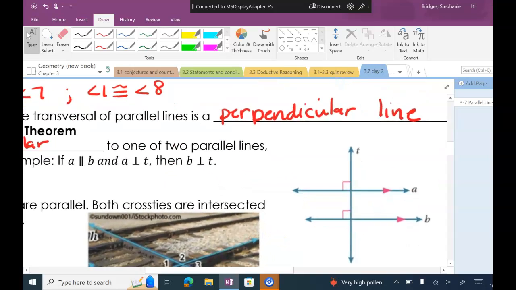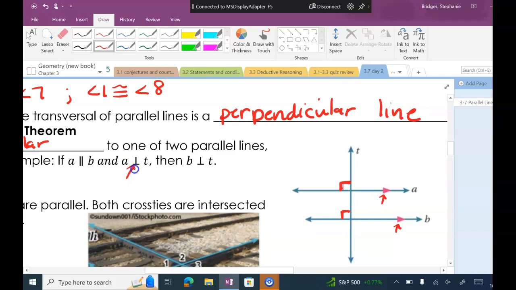So in this picture, if I had just marked that as a right angle and I did not mark the other one, first of all, do you see these little arrows right here on these lines? Does everybody see those arrows I just pointed to? Those are the markings that let me know that those lines are parallel. So anytime you see little arrows, not on the ends of the lines, but somewhere on the lines, it's telling me those lines are parallel. But if I were to tell you that line A were perpendicular to T, and I know that A and B are parallel, then we would also say that it has to be perpendicular there.